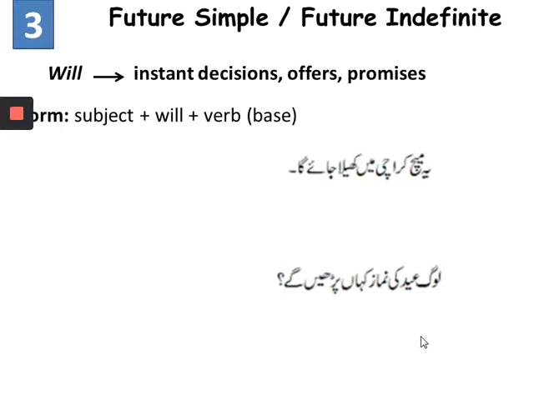So, kahan sabse pehle aayega? In English, we're going to use where. Where will the people offer Eid prayers? Or you can say, where will the people perform Eid prayers? Offer Eid prayers is going to be much better.